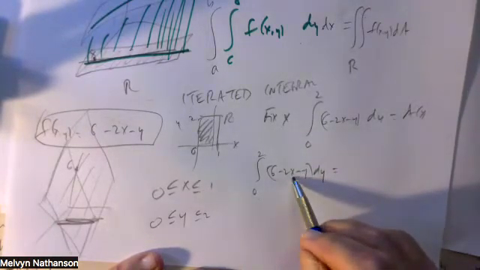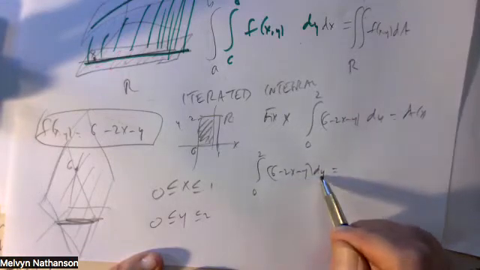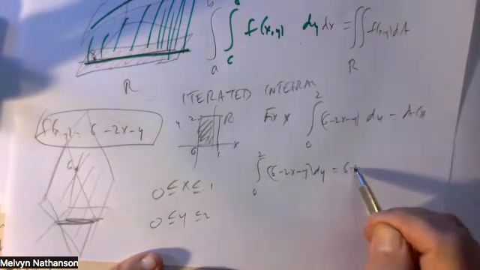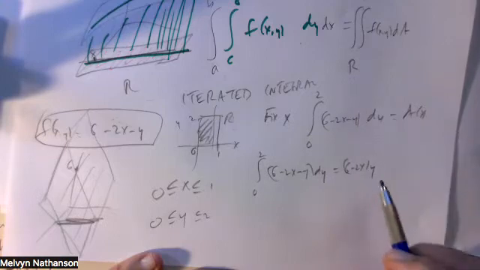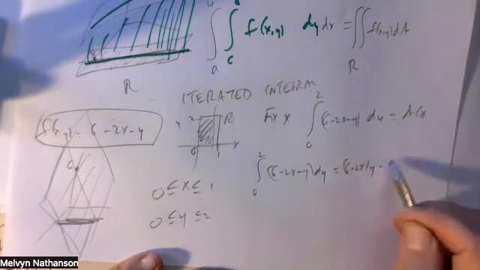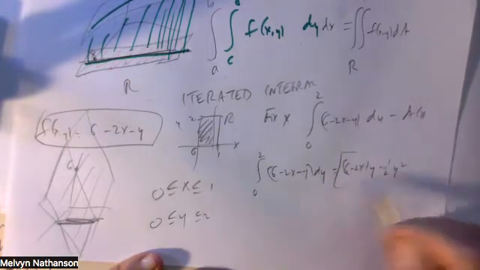So 6 minus 2x is like a constant with respect to y. So this is 6 minus 2x times y, and the integral of minus y is minus a half y squared.